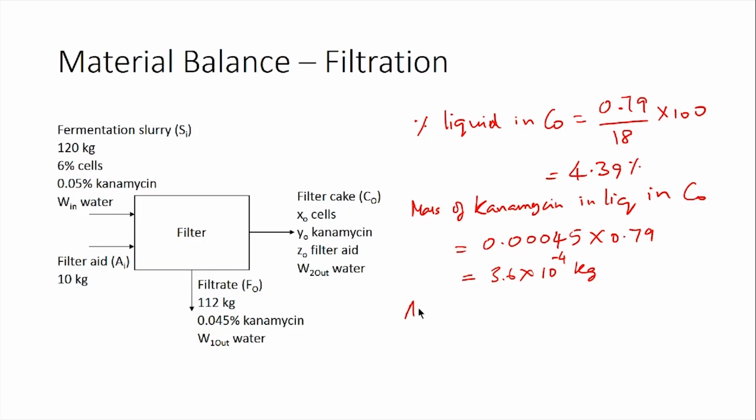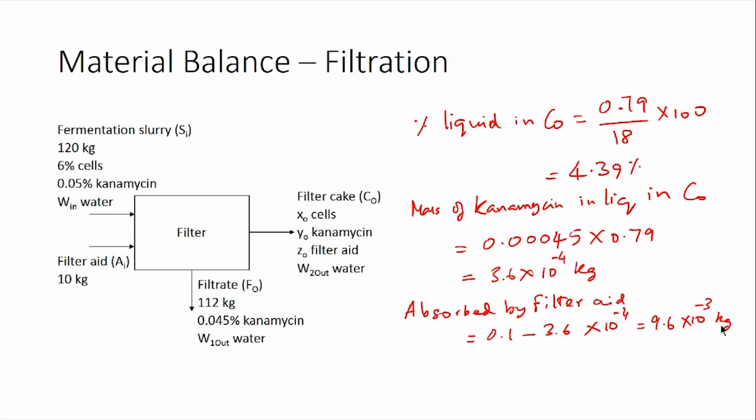So, the amount absorbed by filter aid would be 0.01 minus 3.6 times 10 power minus 4, which gives you a value of 9.6 times 10 power minus 3 kilograms of kanamycin. This is the total amount of kanamycin which is absorbed by the filter aid.